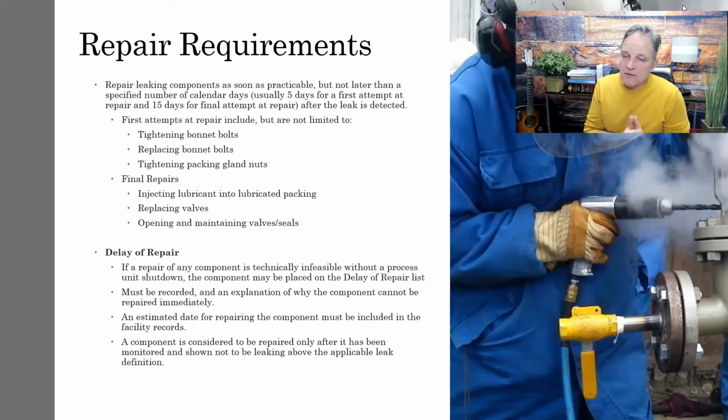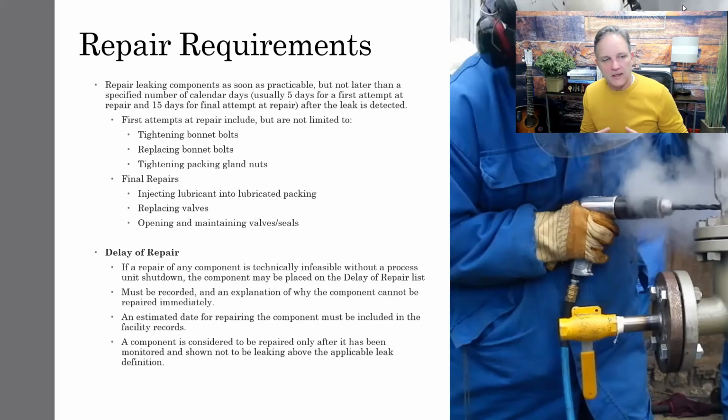There are some provisions where it's either physically impossible or too dangerous, or takes too much time to be able to actually fix something within 15 days. And in those cases, there are some provisions where you can allow something to continue to leak until the next time it's safe to repair that.